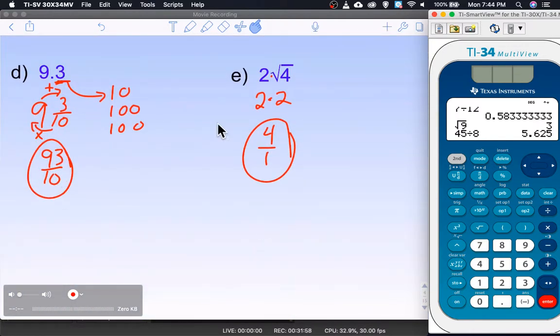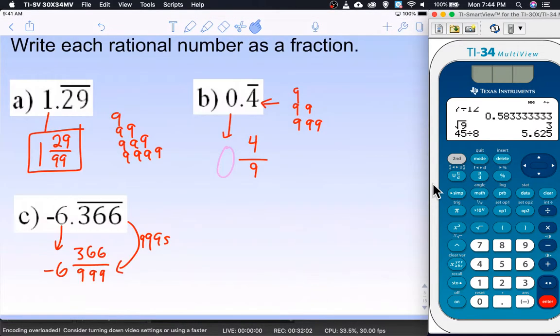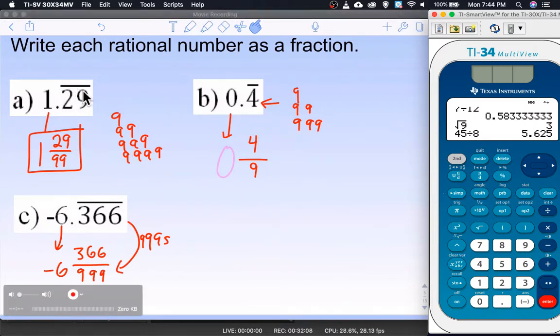Terminating decimal over 10, whole number over 1. We learned repeating decimals can be changed into fractions by putting the part that's being repeated over a bunch of 9s. And we learned the number of 9s is the number of digits that's being repeated. So 2 numbers being repeated, 2 9s on the bottom. 1 digit being repeated, 1 9 on the bottom. 3 digits being repeated, 3 9s on the bottom.